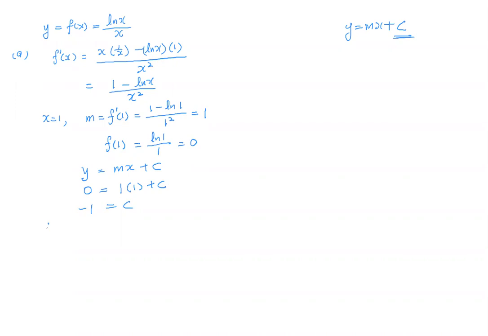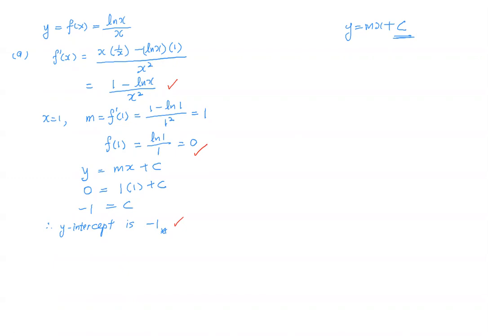So the y-intercept equals -1. Done for part A. So the 3 marks will be this: you differentiate correctly, you find all these correctly, you get this correctly. That's it.